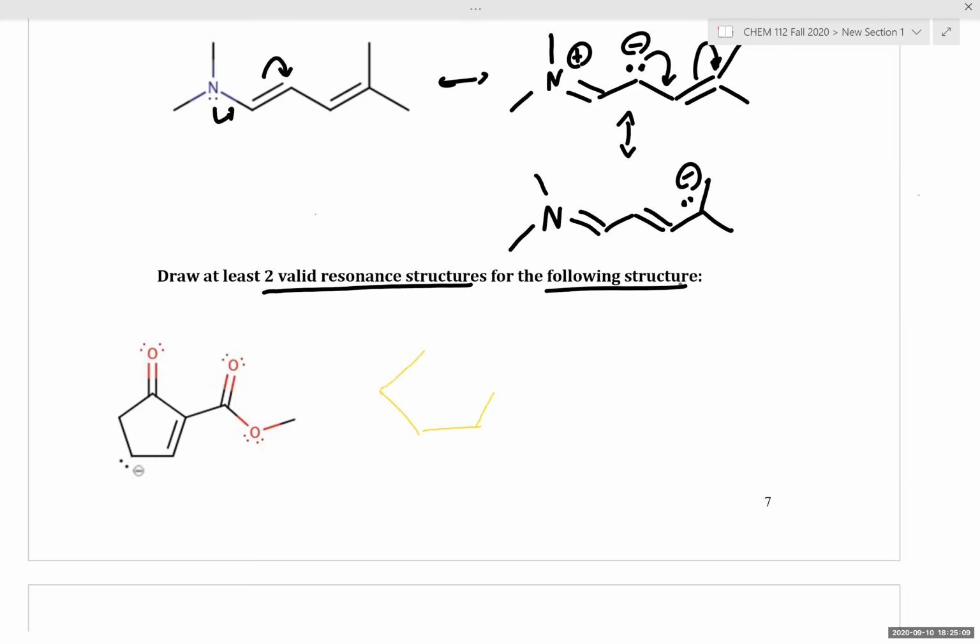Oh, perfect. So we have 2 students who are able to use and share their proposed structure. Wonderful.